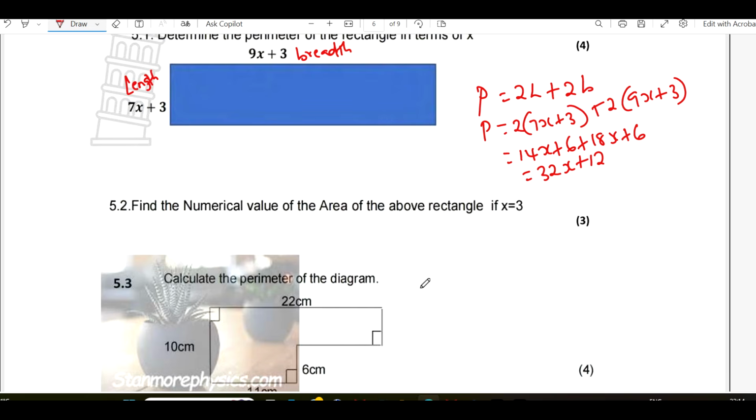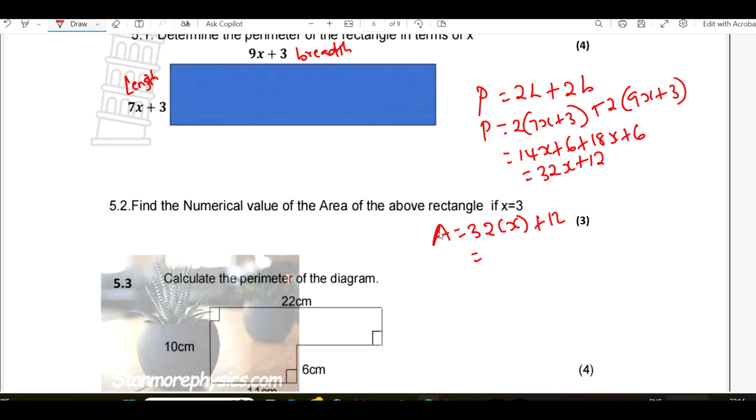Okay. So the area is going to be 2L plus 2B as well. So where there is x, I'm going to put 3. So A is going to be 32x plus 12.